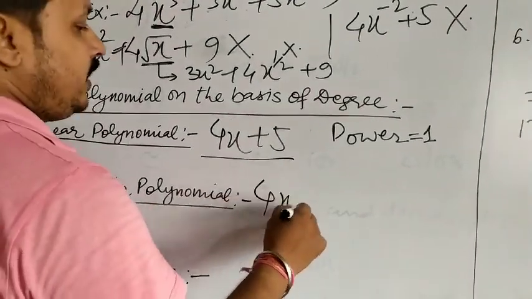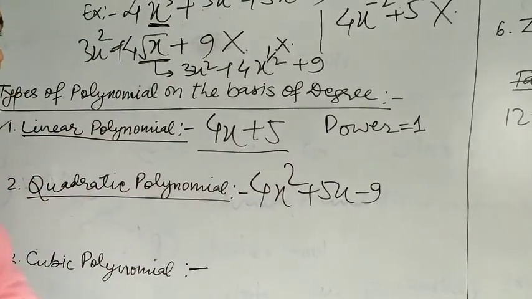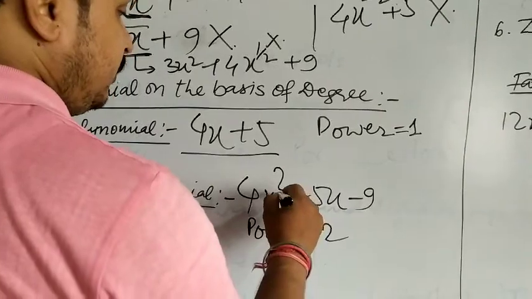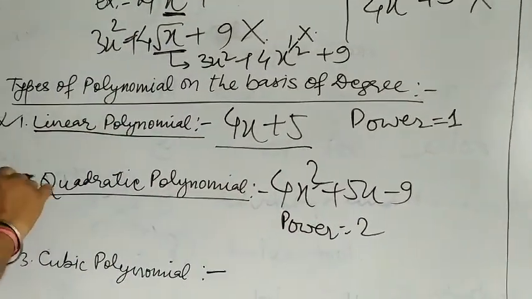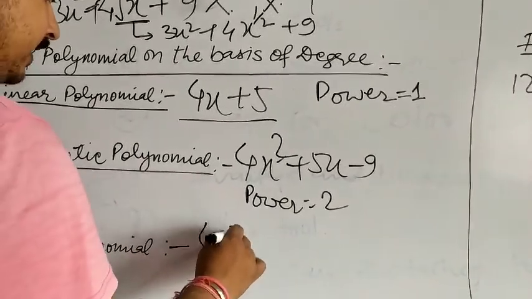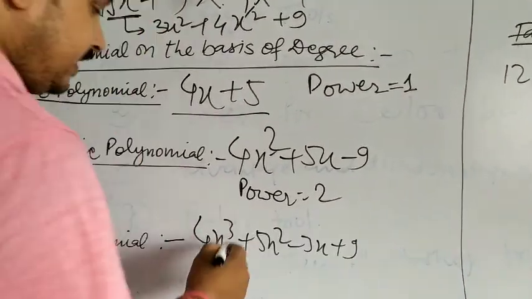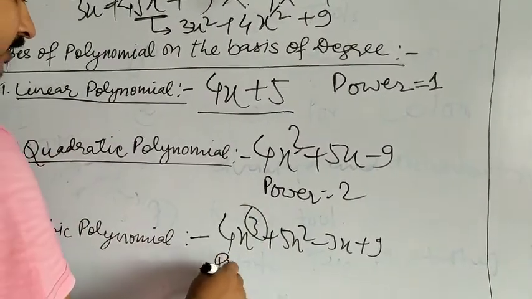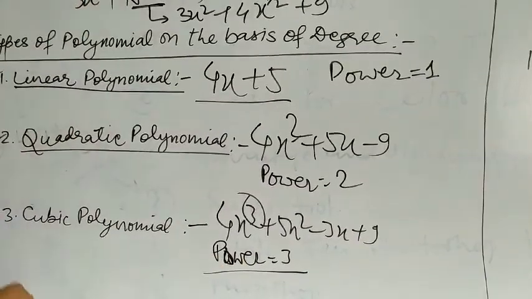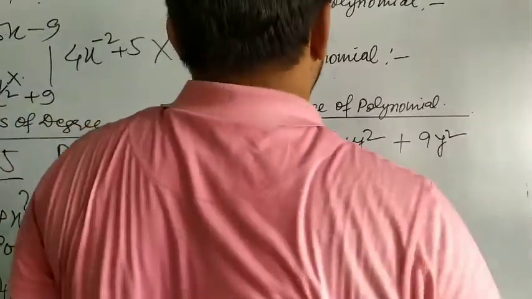In this polynomial, 4x square plus 5x minus 9, the highest power is 2, so it is called a quadratic polynomial. Cubic polynomial: 4x cube plus 5x square minus 3x plus 9. Its highest power is 3, so this is called a cubic polynomial.